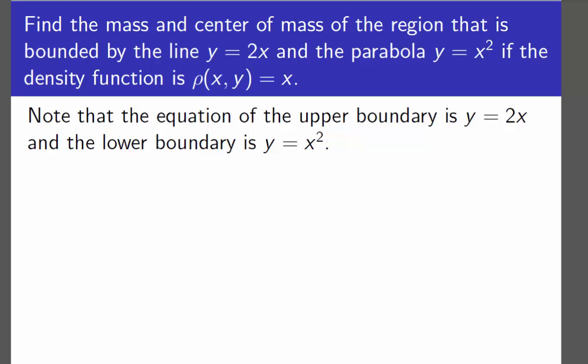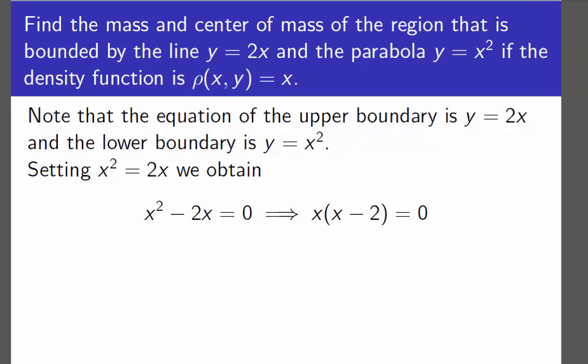We can find the second point of intersection by setting the two curves equal to each other. That is, setting y equals 2x equal to y equals x squared, so x squared is equal to 2x.